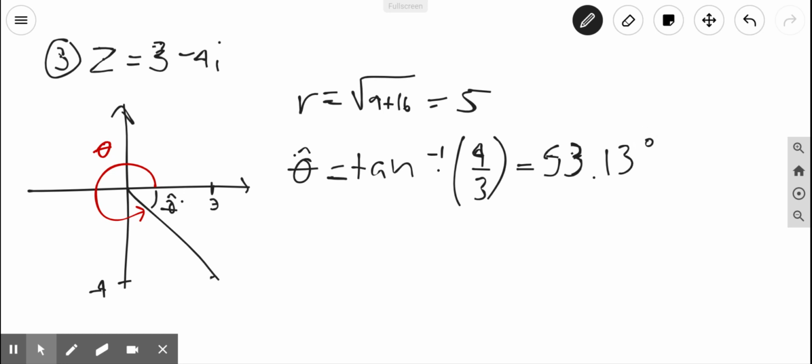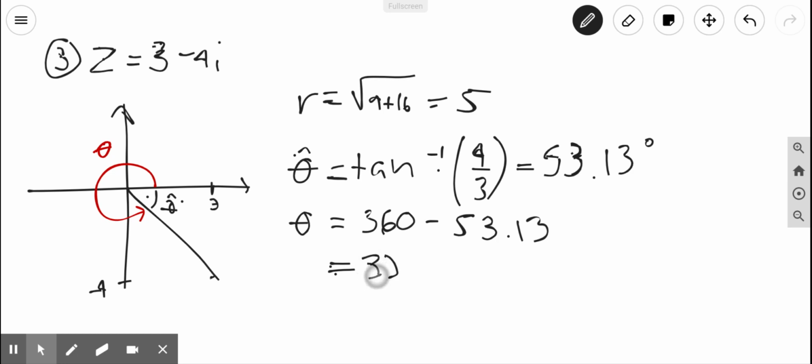I need to know what theta is. So a complete circle would be 360 degrees. So I need to minus the angle theta hat to get my theta, right? So theta is going to be equal to 360 minus 53.13, which is 306.87.